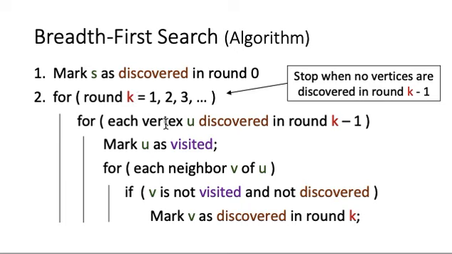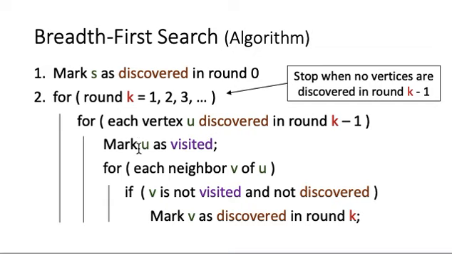We look at each vertex that was discovered in round K minus 1, the vertices discovered in the previous round. When we look at each such vertex, we mark it as visited. So we are now checking this vertex, and it is visited, and we will not check it anymore in the future.